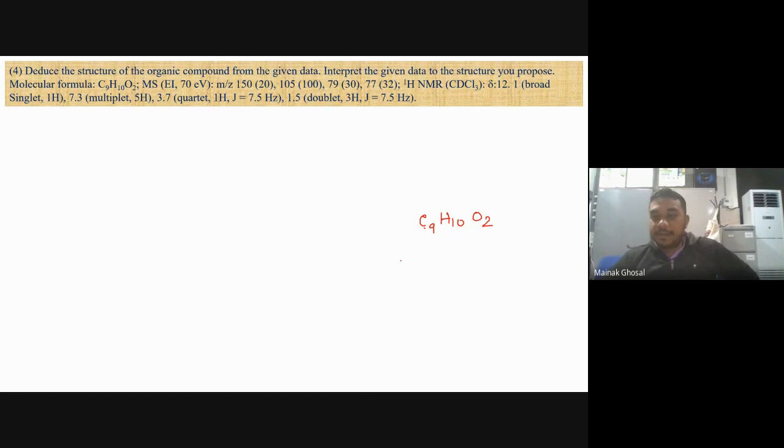For some time, close this mass spectrum and just see from the NMR if you will be able to predict it, and then you will match it with the mass spectrum. Okay, C9H10O2.